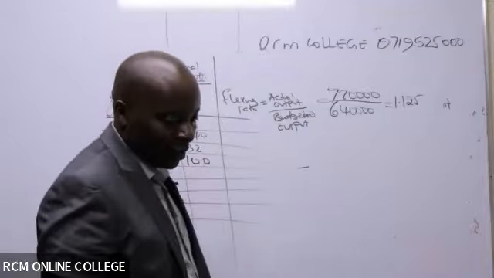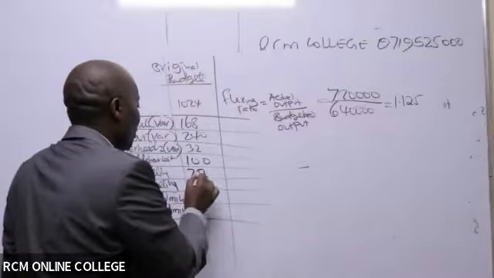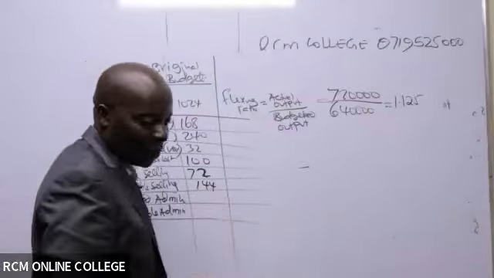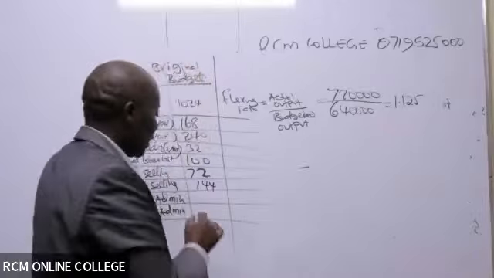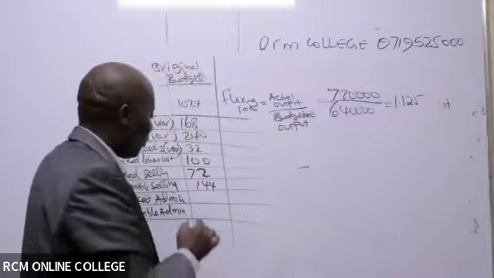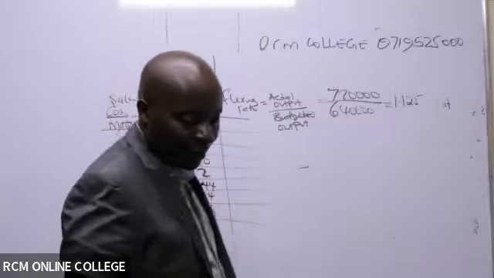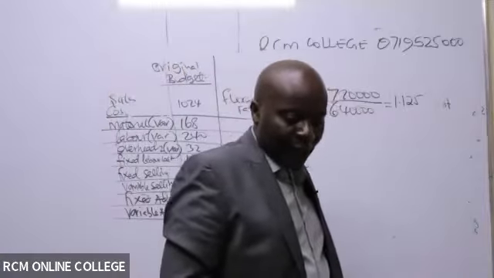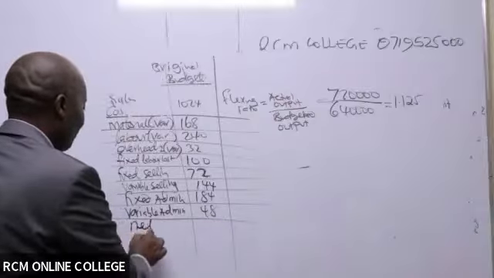Fixed selling is 72, 144, and then 184, 48. I think that's it. And then, of course, we have our net profit down here.